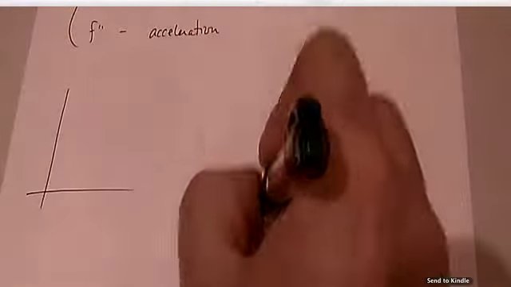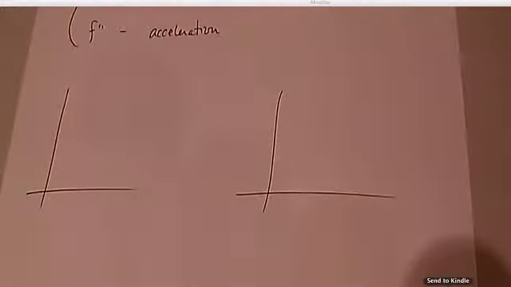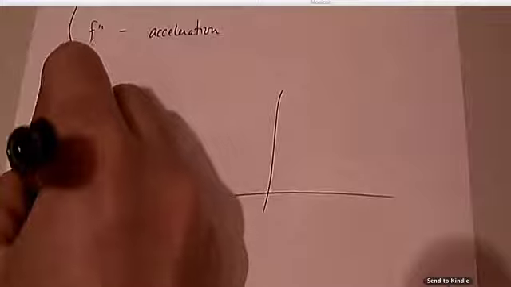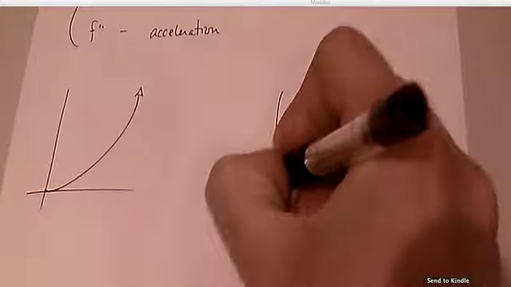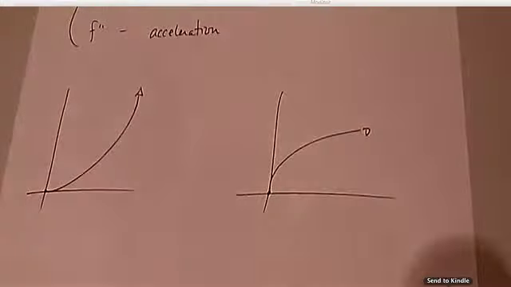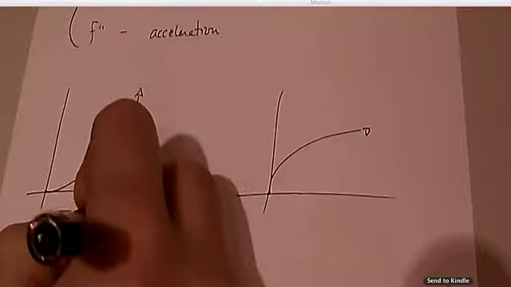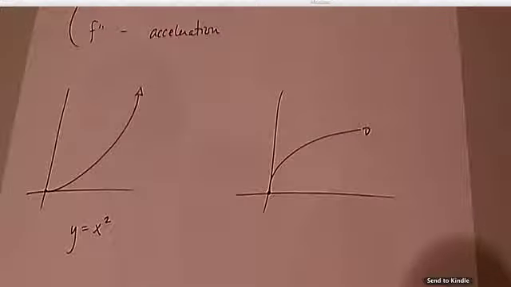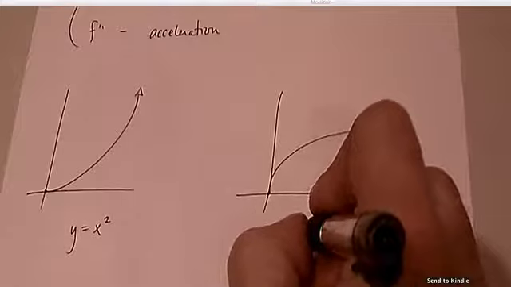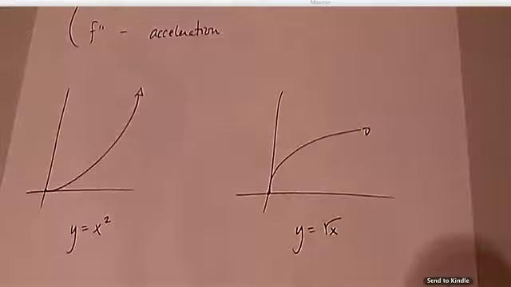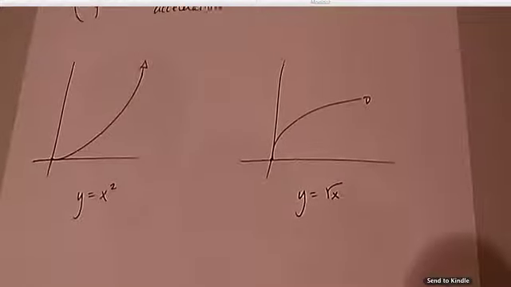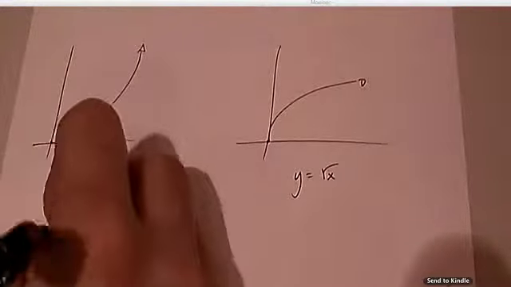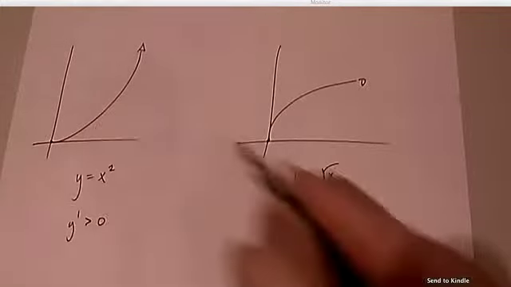So let's go ahead and look at two examples of a function. Let's look at this function, and let's look at that function, okay? Let's say that that is the right-hand side of y is equal to x squared, and that is the right-hand side of y is equal to root x. Now, they're both increasing functions, okay? They both have a y prime that is positive, right?